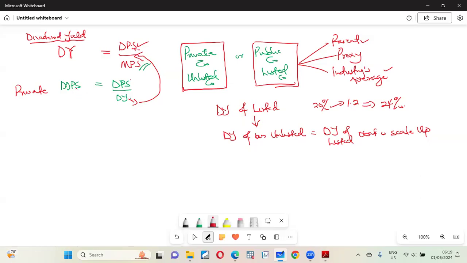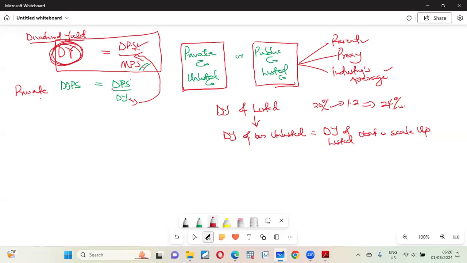So these things that you are doing are from the proxy. When you finish, the only thing you get out of that is the DY of that proxy. Then you come and insert it to your private company's DPS. So this one will be the one for the private company.